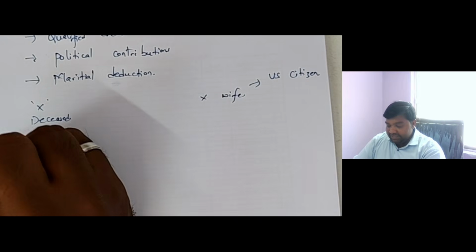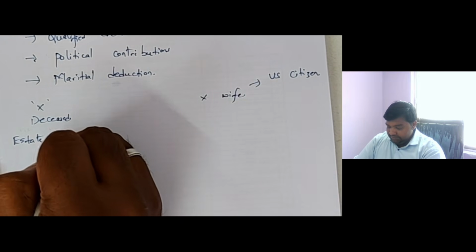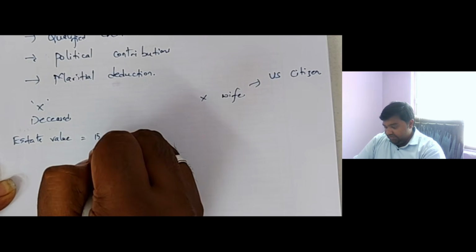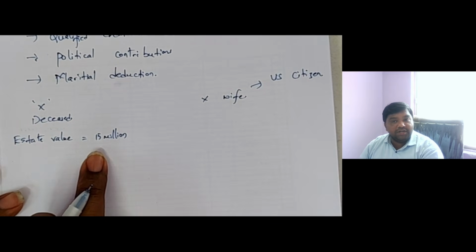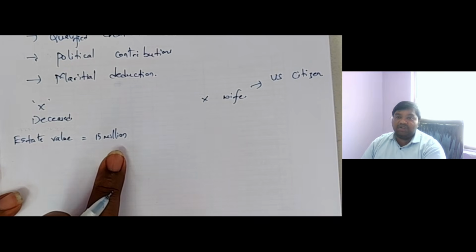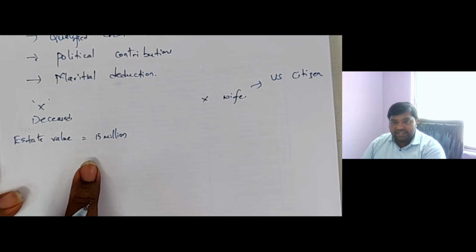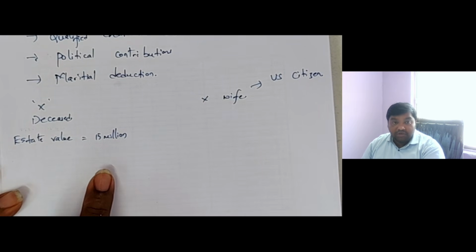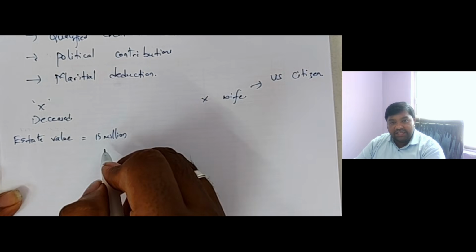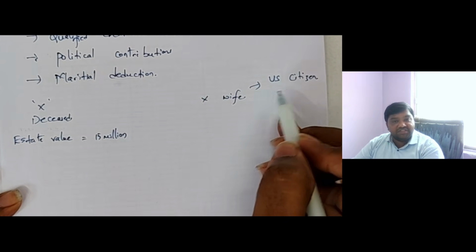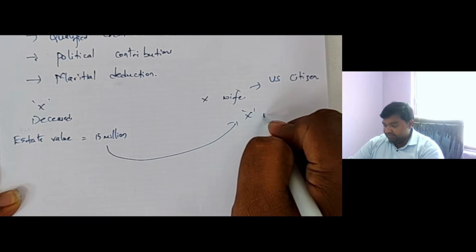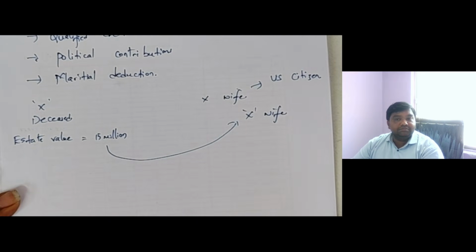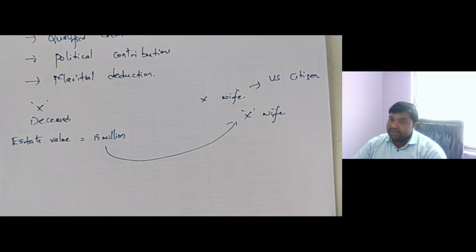Let's say X's estate value is 15 million. So it is more than 13.99 million, and the remaining 1.01 million is taxable. The executor has to pay estate tax. But there is an option to make a marital deduction. If the ex-wife is a US citizen, the entire 15 million can be transferred to the ex-wife, to escape the estate tax.